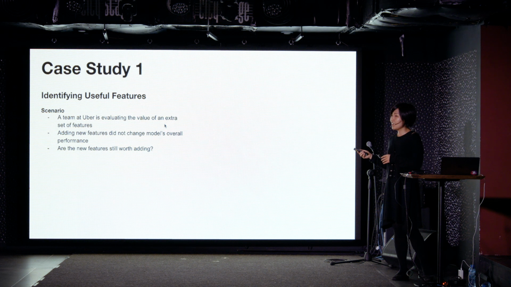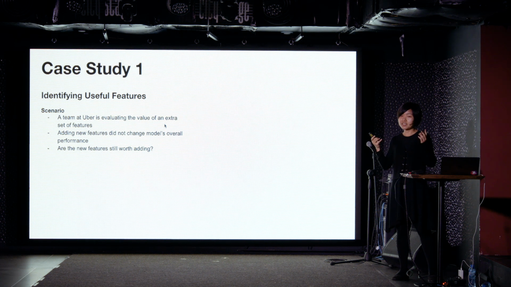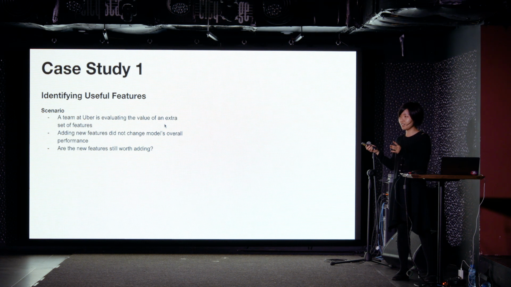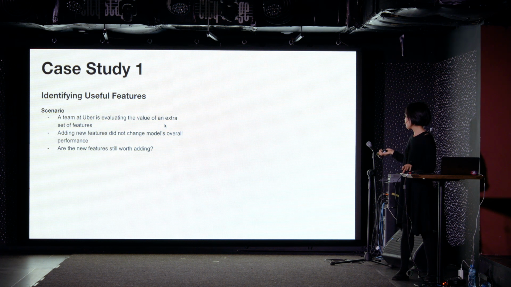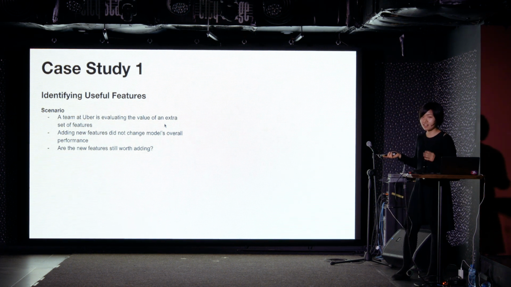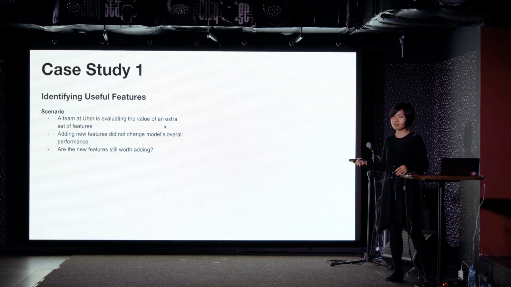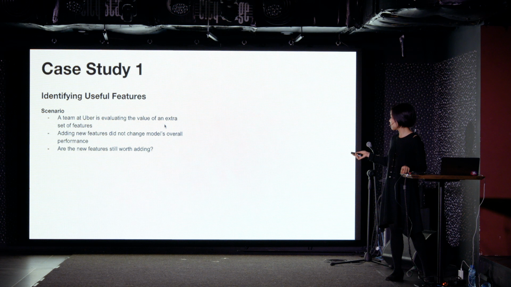The 2 models gave similar performance scores, and there's no way for them to tell whether the new extra features were helpful because the scores are similar. They were asking, are these new features still worth adding, since adding new features in the system will definitely be more costly?